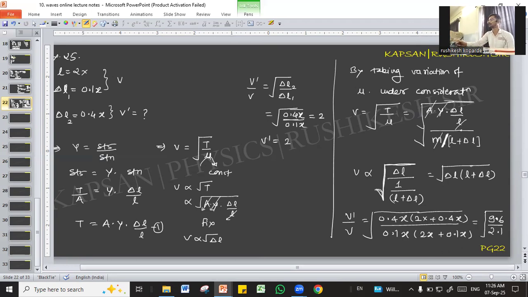Can you divide by 3? Yes, you can divide by 3. So 96 by 21 divided by 3 will be 32 by 7. Is the answer correct now? Under root 32 by 7.